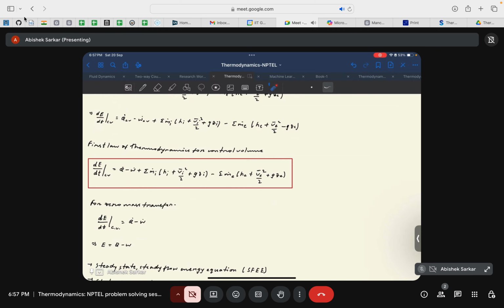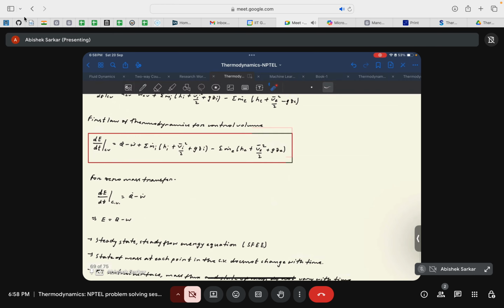There is of course an internal energy change inside these equations, but since we incorporate the flow energy as well, or the work done from the flow energy, these two sum up to be the enthalpy. That's why the change in enthalpy becomes a much more relevant parameter than internal energy for these flow systems, or control volumes. That's something you can keep in mind. Of course, if you break it down again, you get back your internal energy and flow energy.